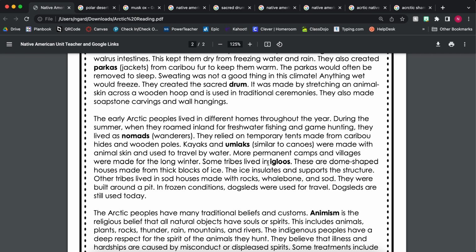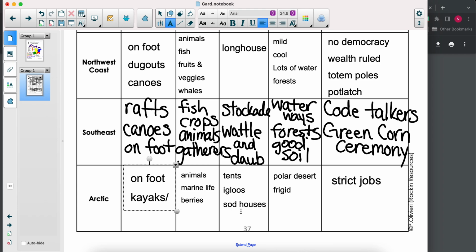I would have to look up the pronunciation to be positive, but umiak. Yes. Okay. So those canoe type boats. And then finally dog sleds, which sounds super fun, and I'm super jealous. I would love to go do that. I think that would be really cool.